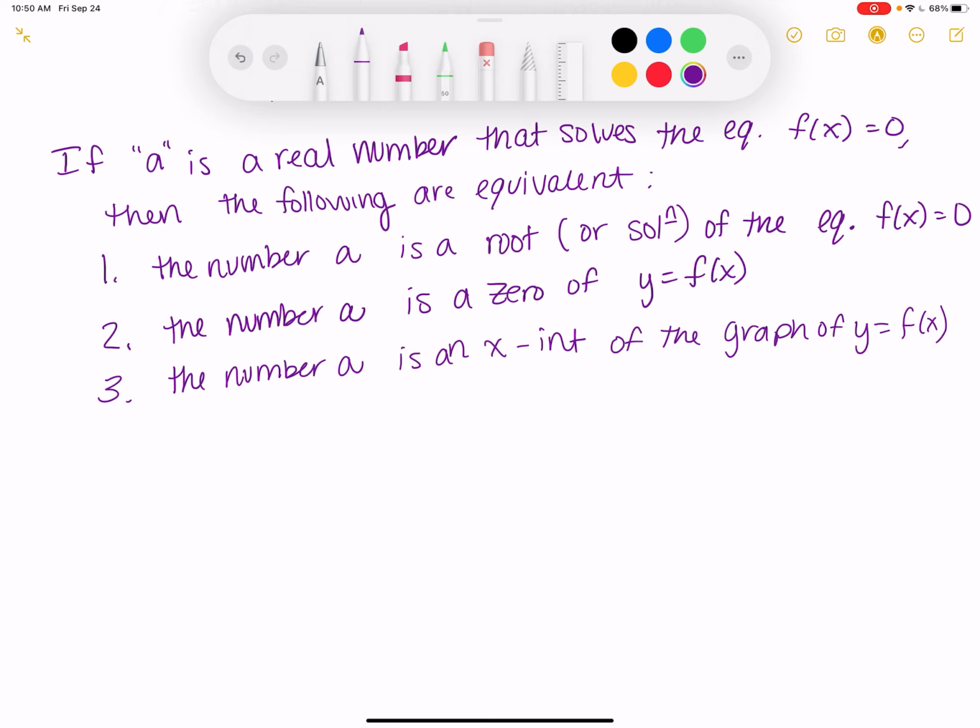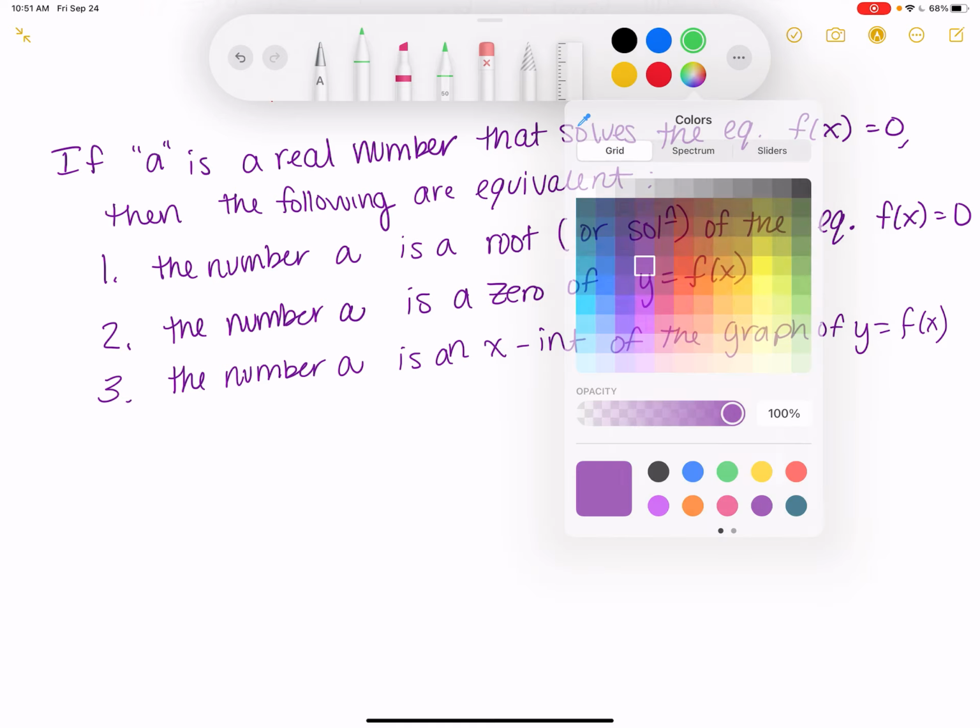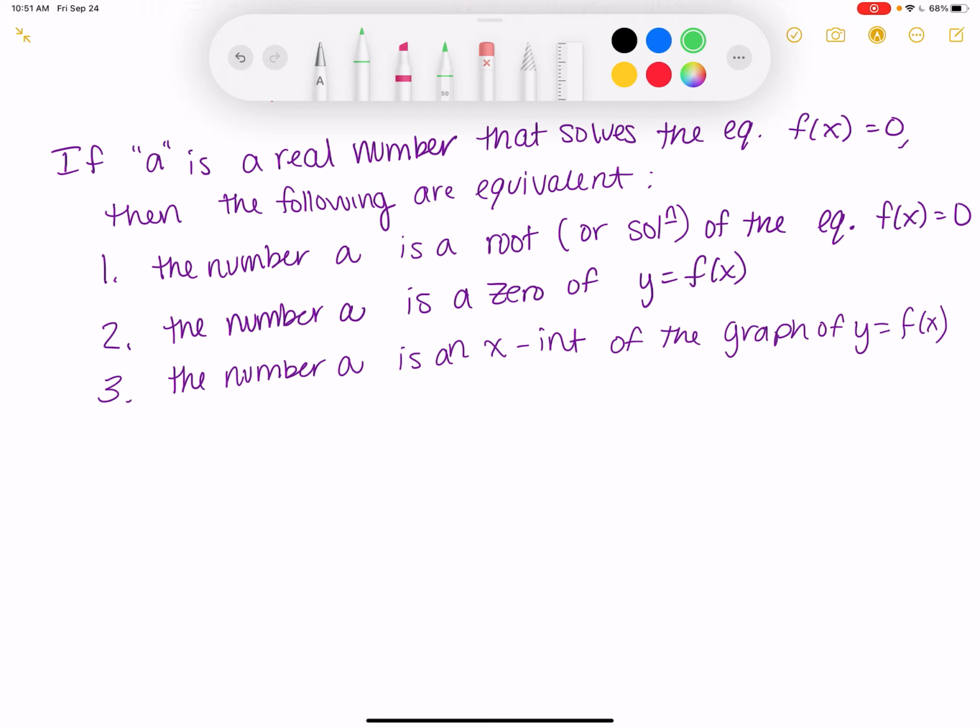Let's see, one more thing here. Problem solving steps. And then I'll do one little example for you. Problem solving steps. 1, understand the problem.